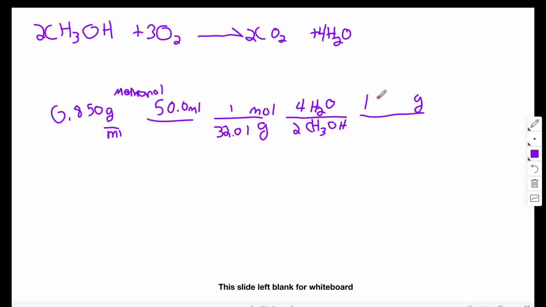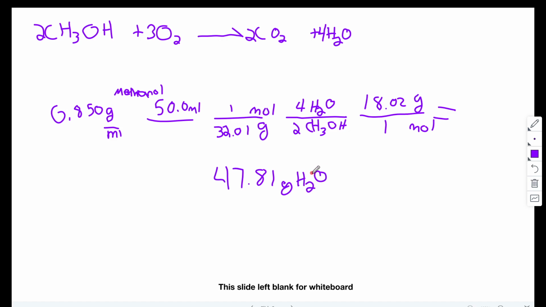So we'll put 18.02 and then mole here. All right, and then when we go through and figure out all the math, we should end up getting a total of 47.81 grams of H2O.